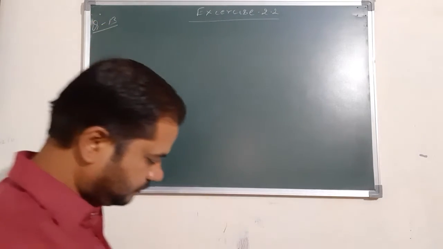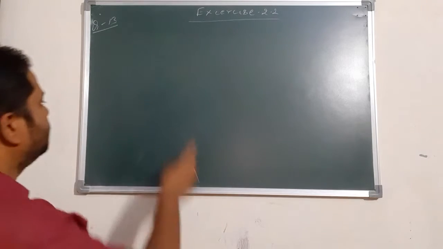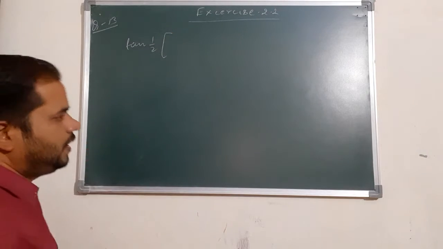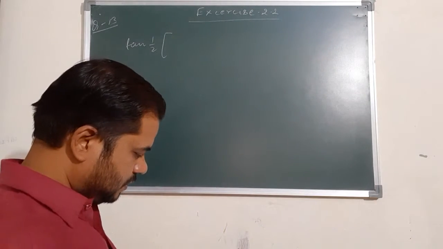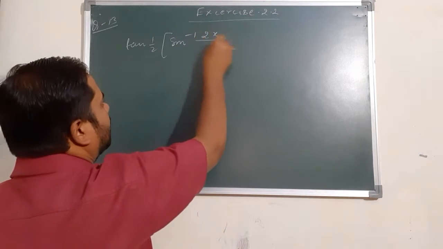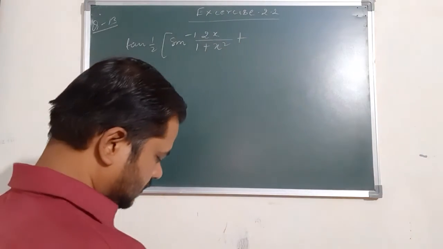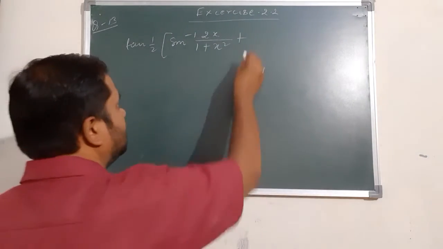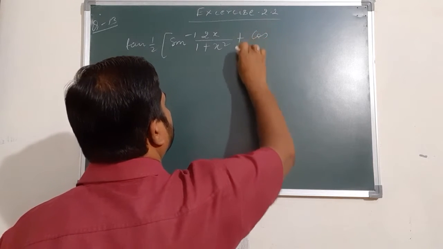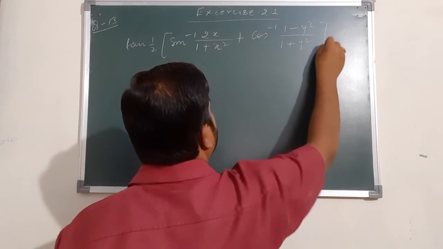In this question, first we write the question: tan of 1 by 2 sin inverse 2x upon 1 plus x square plus cos inverse of 1 minus y square upon 1 plus y square.